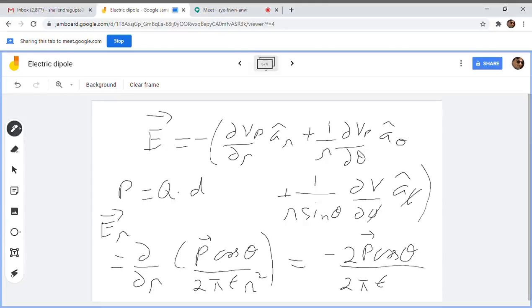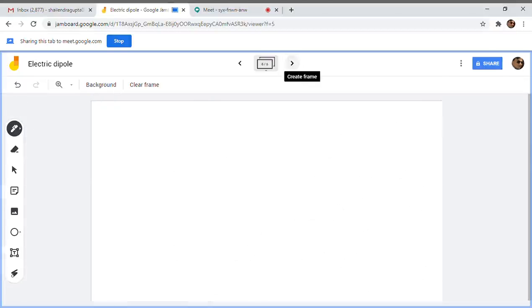So minus minus will be cancelled out, as we are calculating minus del by del R of Vp. So this is R cube. So 2 will be cancelled out. So ER will come out to be P cos theta divided by pi epsilon R cube.